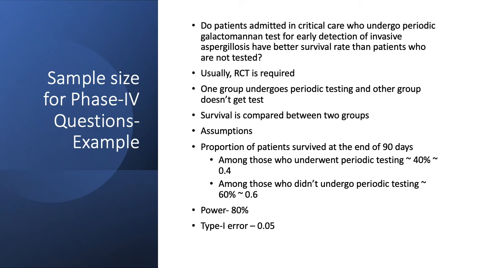So here I have put some assumptions, and now you must have guessed it, and you are right. What calculator do we need to use? Yes, we need to use the same calculator which we have used for phase 1 and phase 2 research questions. That is, we want to identify the difference in two proportions, right? So you can try this calculator on your own.